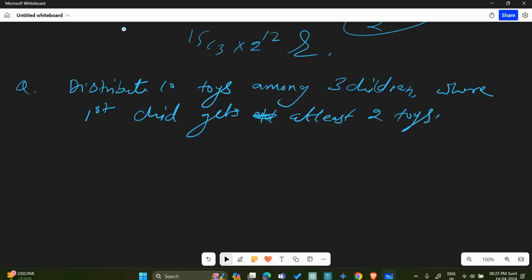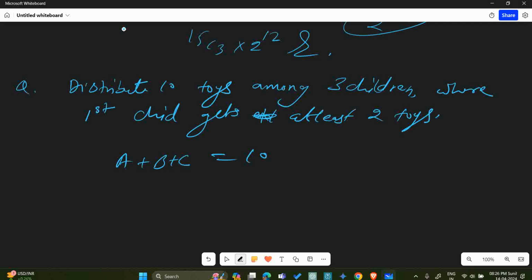How can we do this? So child A plus child B plus child C equals 10, where the first child has at least two toys.